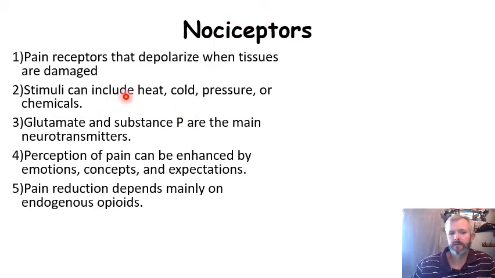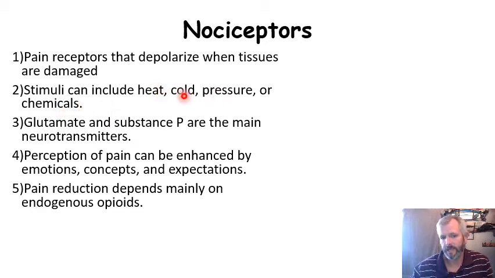They can be polarized to, say, extreme heat, extreme cold. So kind of similar to thermoreceptors that are responding to temperatures, but these are on the extreme end. Extreme pressure, like when you get hit, that has lots of pressure, and chemicals. When tissue is damaged, many times chemicals are released, and so those nociceptors can respond to various chemicals.